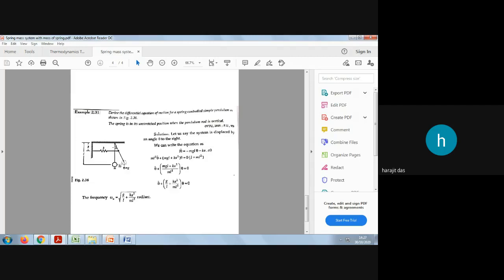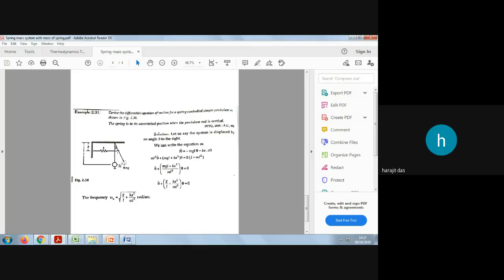If this is the triangle and this is theta, this side will be A tan theta, and because theta is small, you can write A theta. So K A theta will be the force, because K into X is the force. A theta will be this distance, this side of this small triangle.